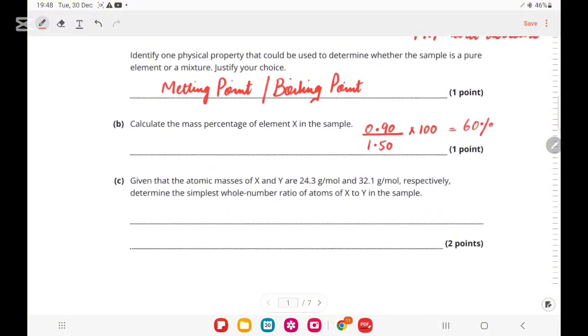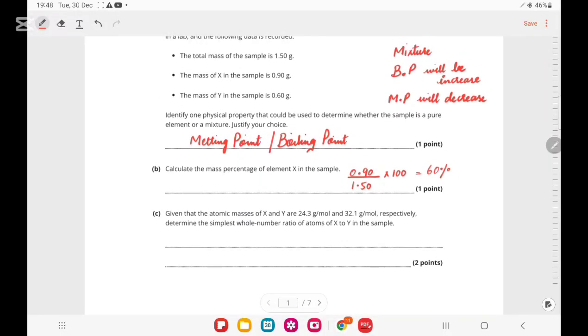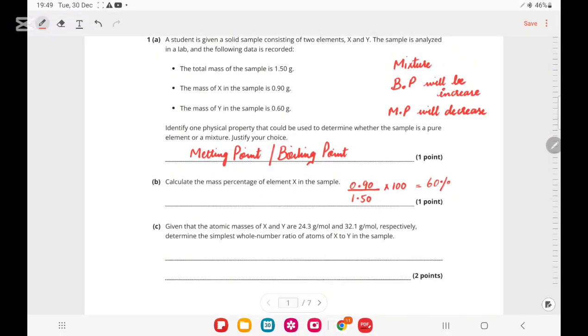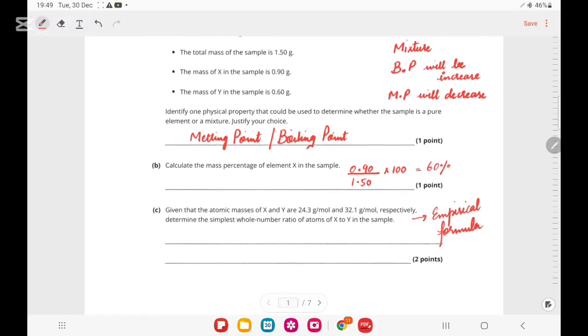Then they have given us the atomic masses and we have to determine the simplest whole number ratio. That means we need to determine the empirical formula, because the empirical formula tells us the simplest whole number ratio. We are given the masses.